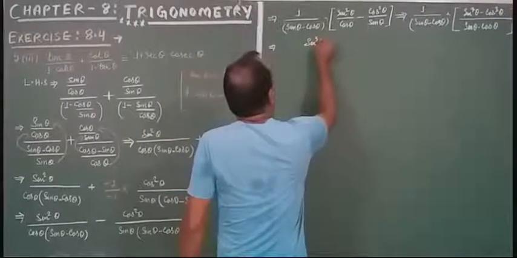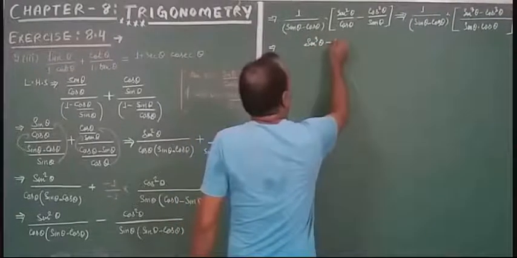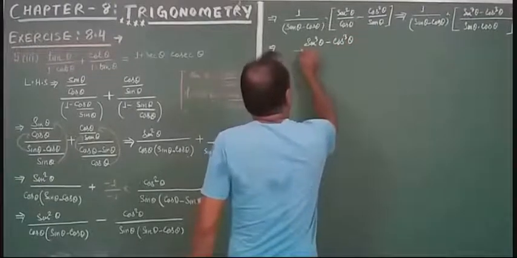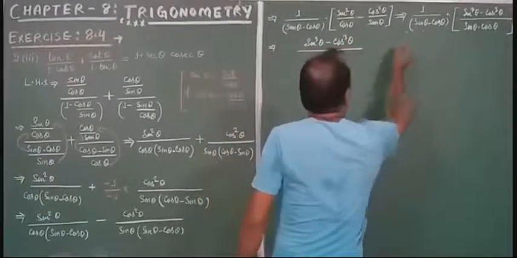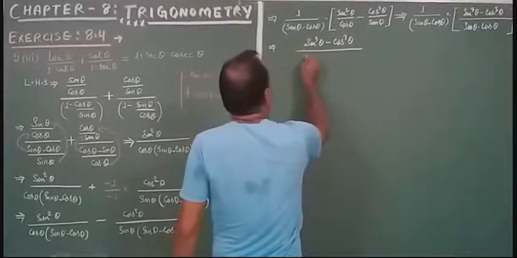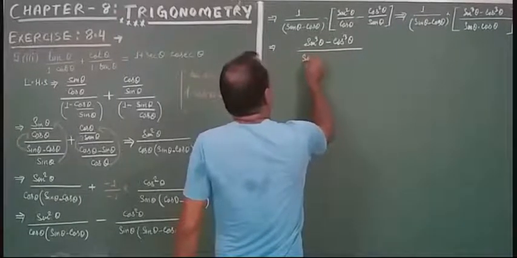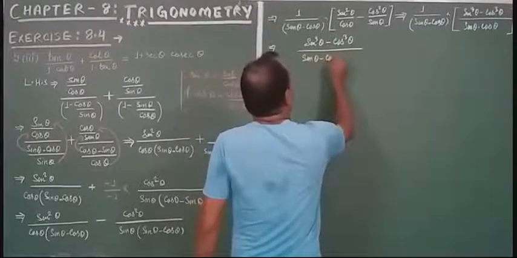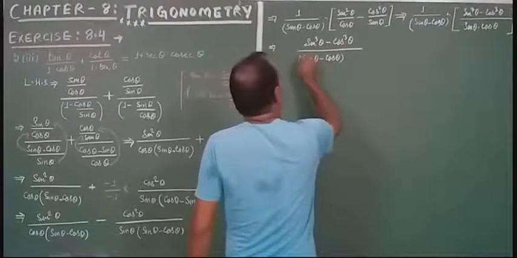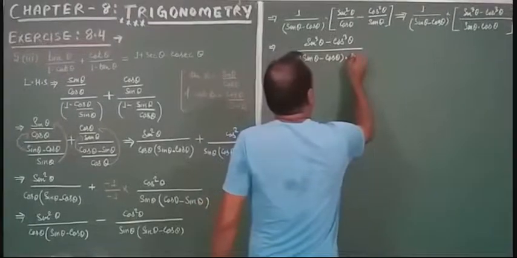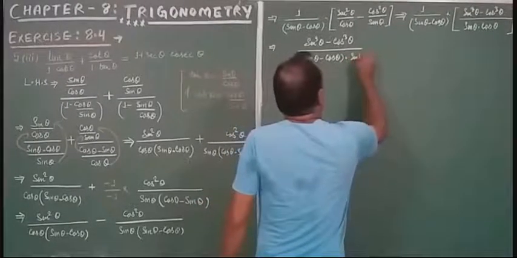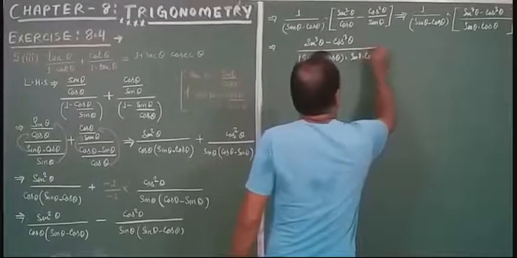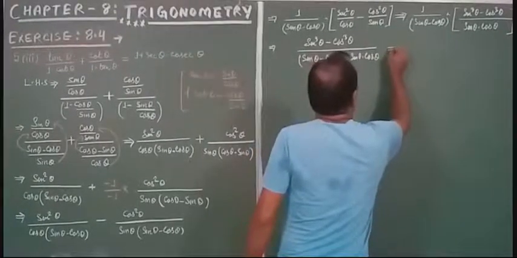Sin cube theta minus cos cube theta divided by, what will happen? Sin theta minus cos theta, and there is multiplied with sin theta into cos theta.